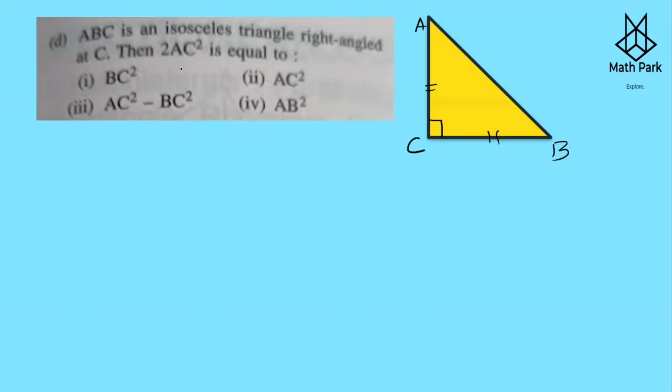So ABC is an isosceles triangle right angled at C. This is a right angle over here. Then 2AC square is equal to what? So it is an isosceles triangle. We know that by Pythagoras theorem, you have AB square is equal to AC square plus BC square.